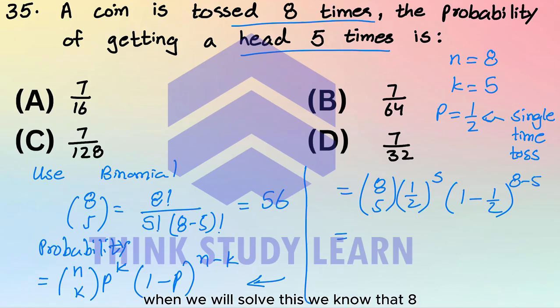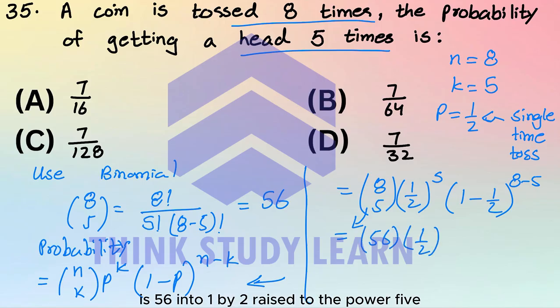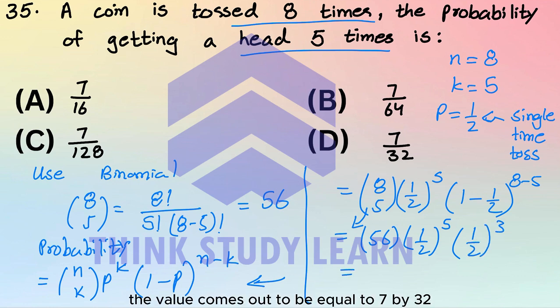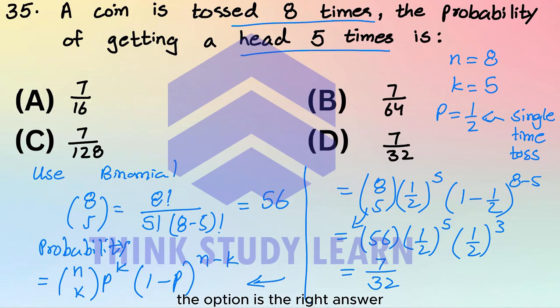When we solve this, we know that the 8C5 binomial coefficient is 56, into 1 by 2 raised to the power 5, 1 by 2 raised to the power 3. So when we solve this, the value comes out to be equal to 7 by 32. So this is the probability of getting a head when the coin is tossed 5 times. 7 by 32, D option is the right answer.